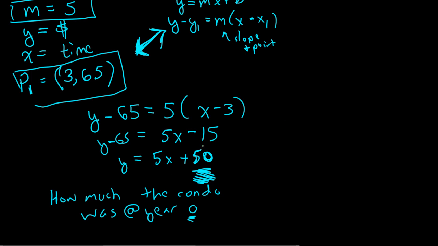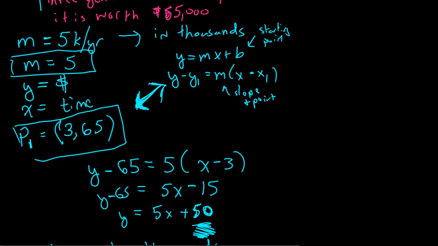In both cases, the slope is our rate of change. So if we have the rate of change, all we need then is a data point. If we don't have the rate of change, but we have 2 data points, we can find the rate of change.